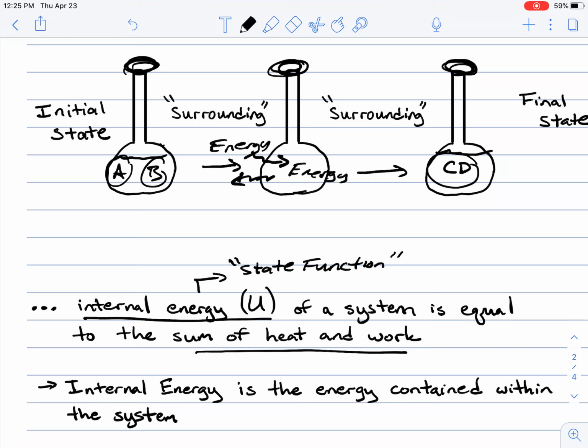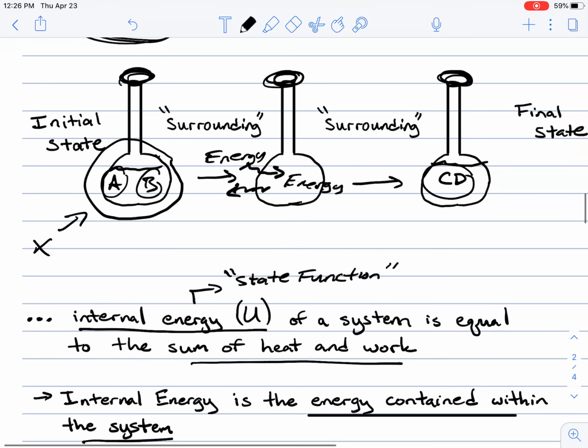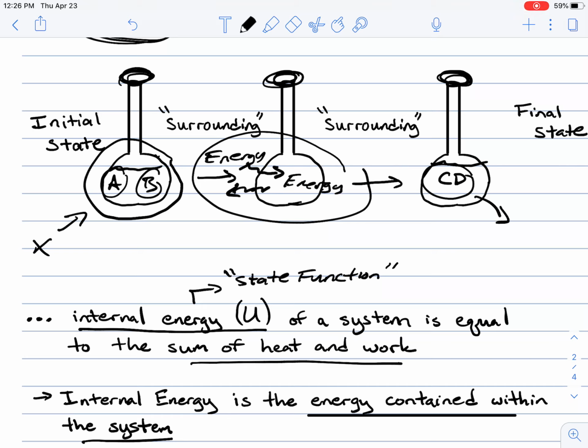And internal energy is the energy that's contained within the system. Here, if we're looking at this volumetric flask, there's an X amount of internal energy that it started with. And when this reaction occurred, we can potentially get a different value of internal energy.